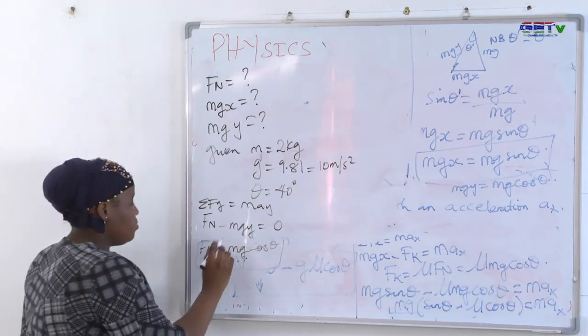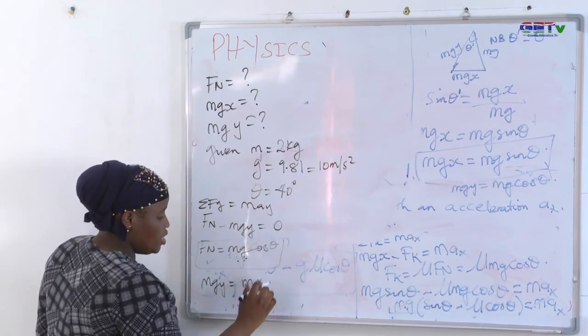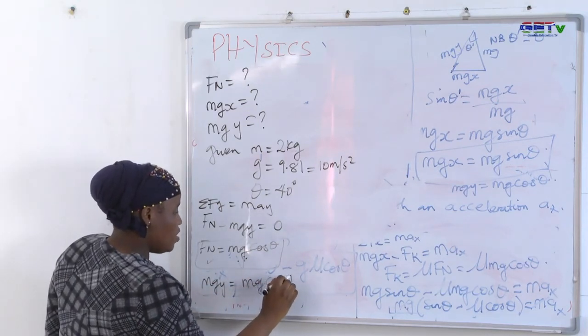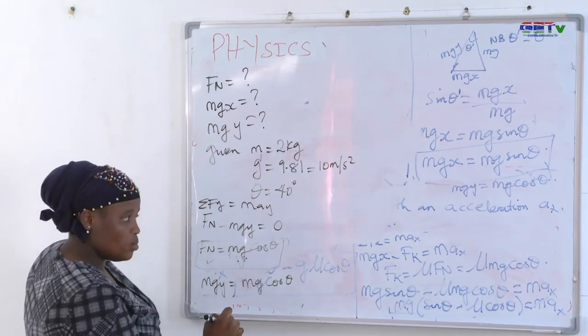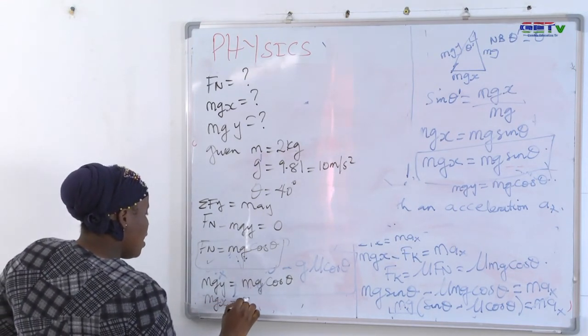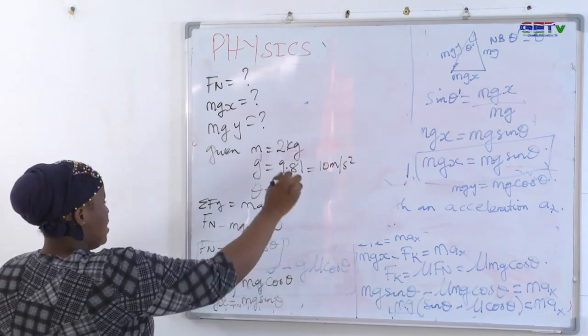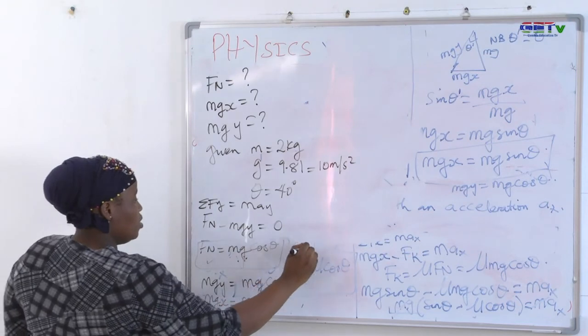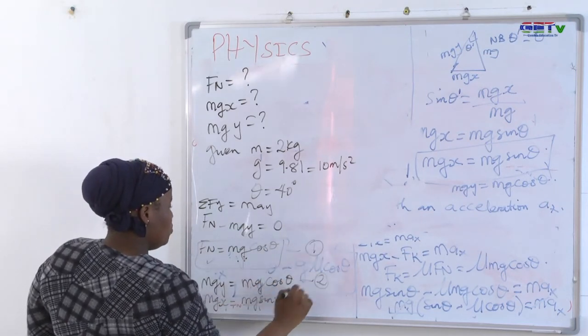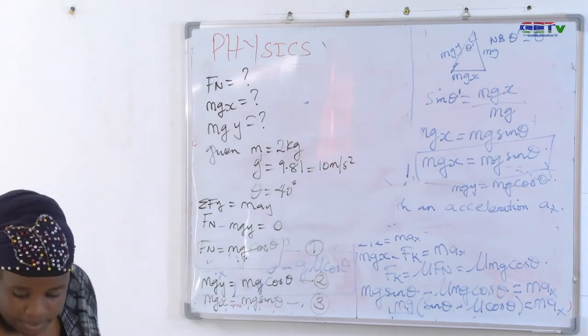That is for Fn. We know mg of y to be equivalent to mg cosine theta, and mg of x to be mg sine theta. So these are the 3 equations needed to answer this question. This is 1, 2, 3. I guess you will be good.